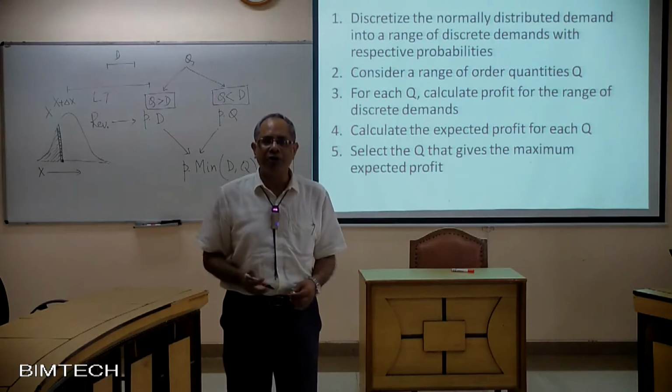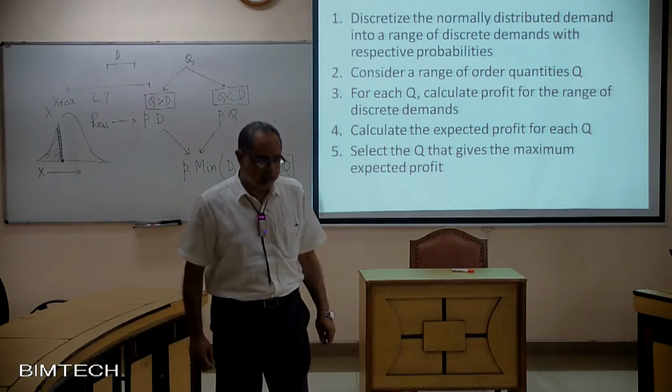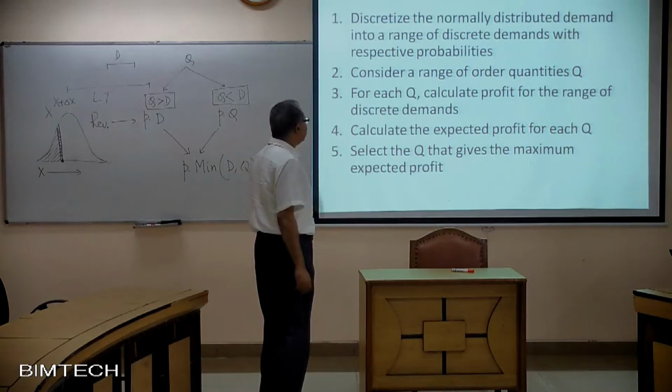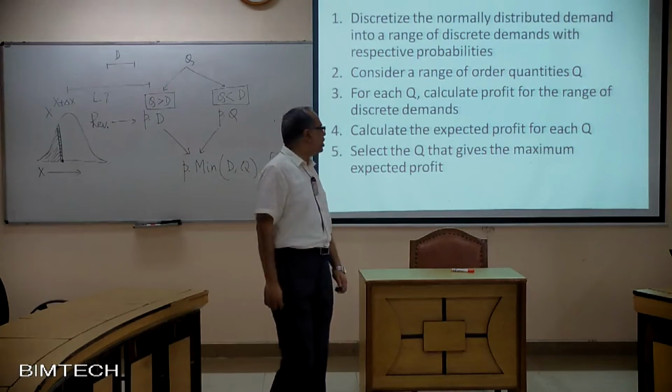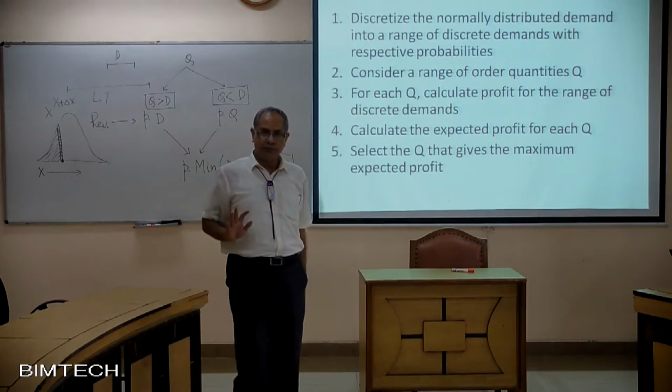I know it's an approximation, but it's a good enough approximation that works in this case. So we are going to first discretize the normally distributed demand into a range of discrete demands.